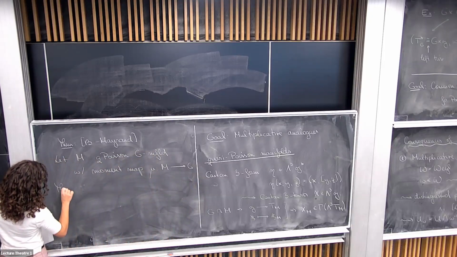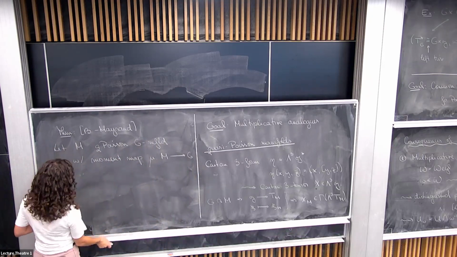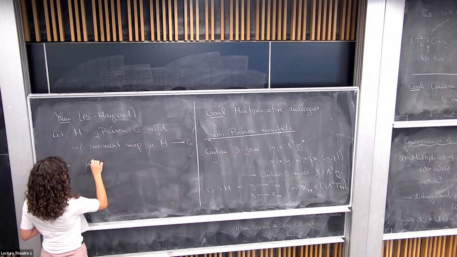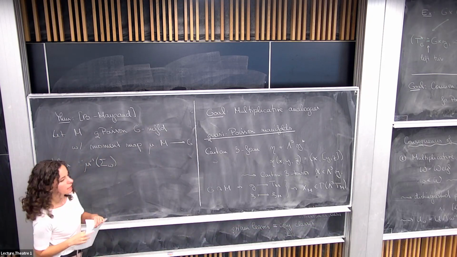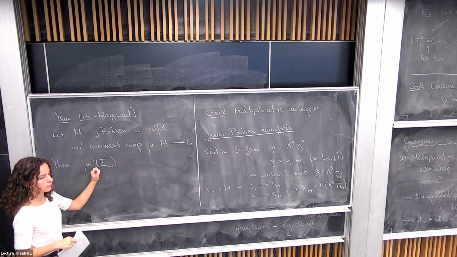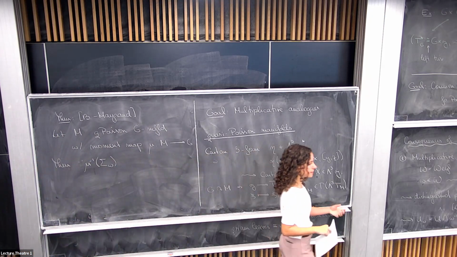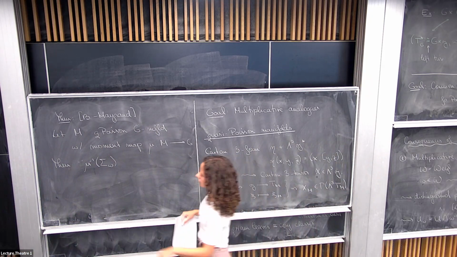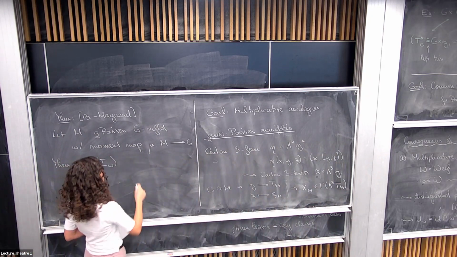Then I have a very similar diagram as in the case of Whittaker reduction. I can take the preimage of sigma sub W under the moment map mu. Again, because sigma is transverse to the conjugacy classes, it's also transverse to this G-equivariant map mu. So this is always a smooth submanifold.